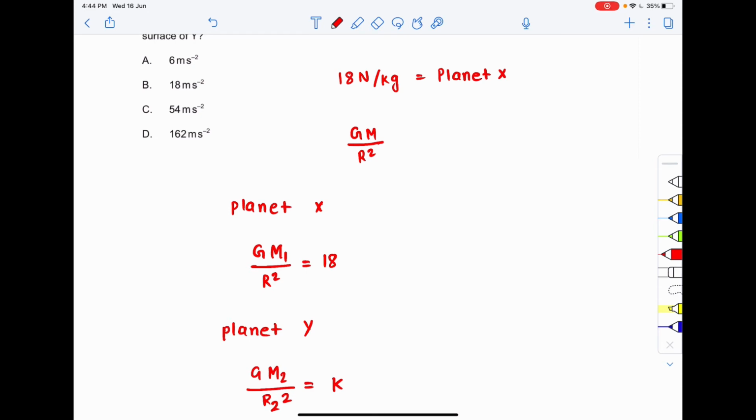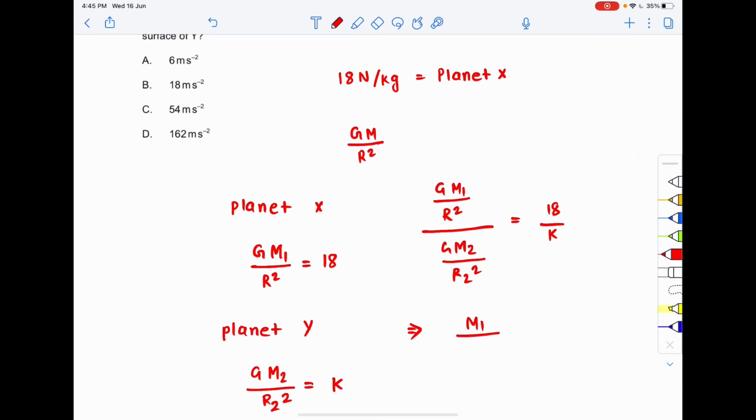So dividing these two equations we get G m1 divided by r square divided by G m2 divided by r2 square. So this will be equal to 18 divided by k, right? So that means from here we get m1 divided by r square into r2 square divided by m2.